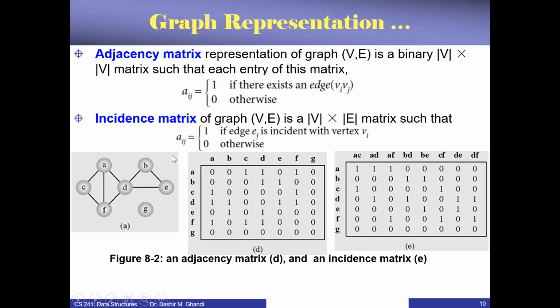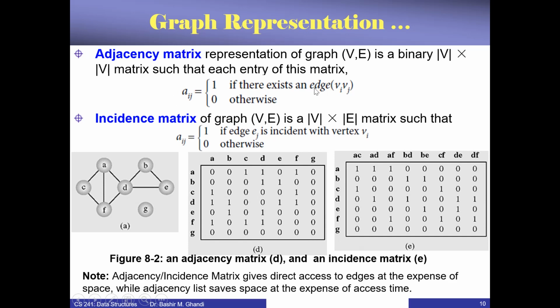But if there are more edges, then the number of columns here are going to be more, maybe even more than the number of vertices. So in that case, you may not be saving anything. Either way, there are many zeros being stored here. So we are allocating space for an edge that doesn't even exist. This is the problem with both of these two approaches.